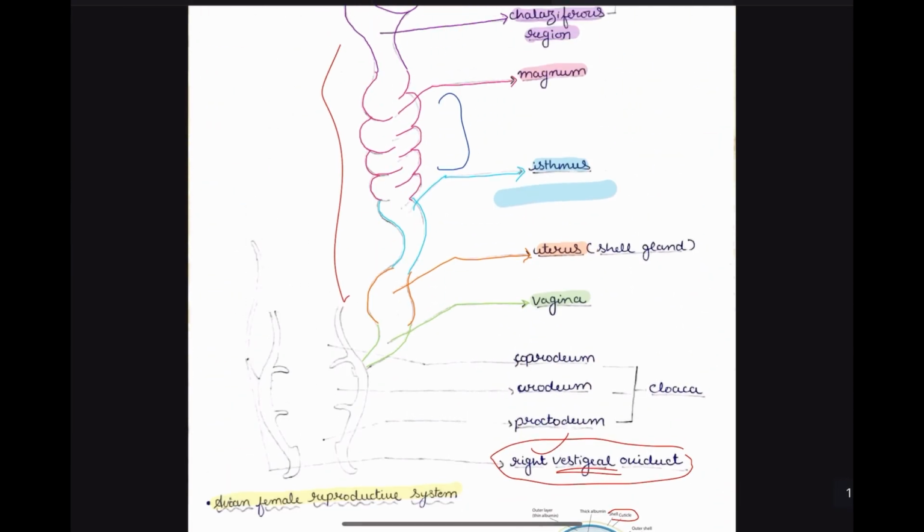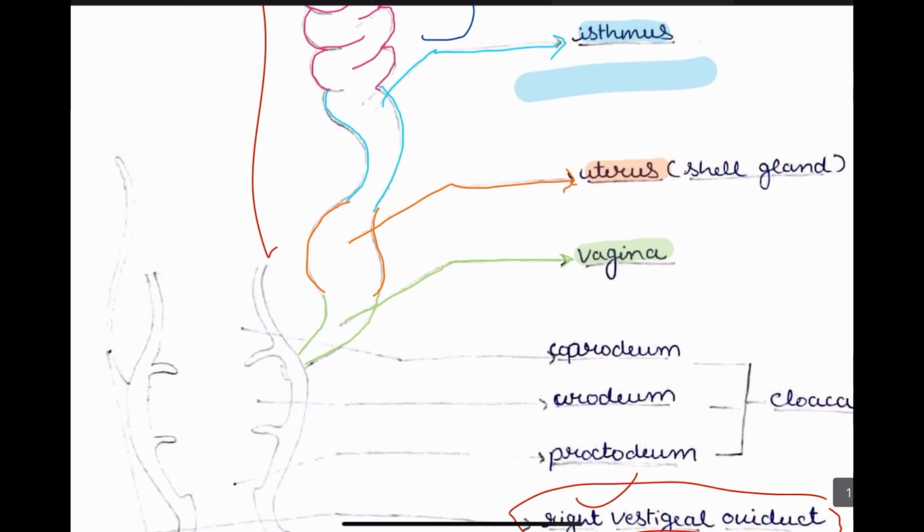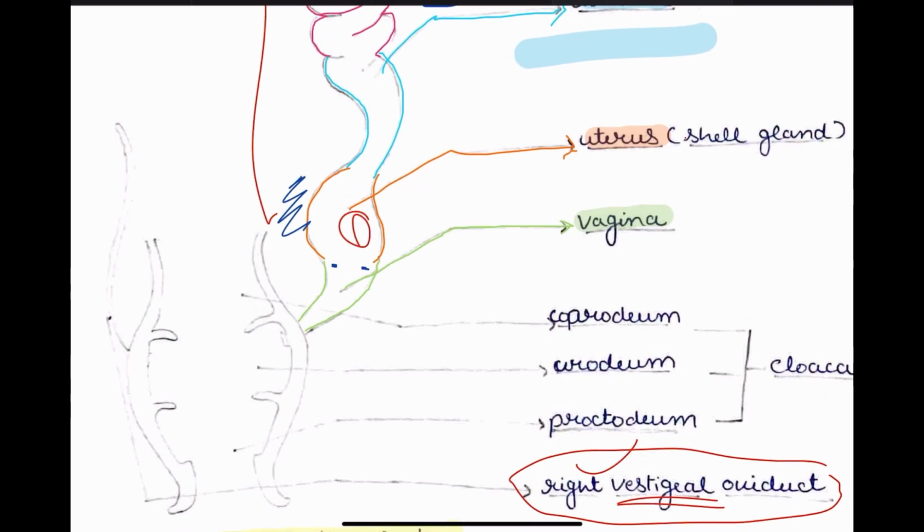So what is happening here? PGF2 alpha is going to cause contractions here, and there's a sphincter called the uterovaginal sphincter, which is relaxed due to the action of PGE1 and PGE2. The sphincter is now relaxed, and we have a well developed egg in the pouch region of the uterus.